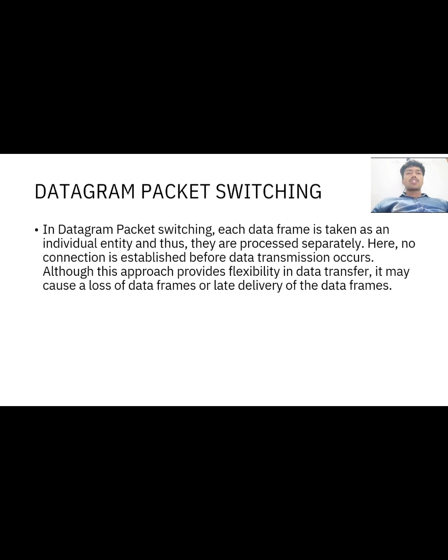Here, no connection is established before data transmission occurs. Although this approach provides flexibility in data transfer, it may cause a loss of data frames or late delivery of the data frames.